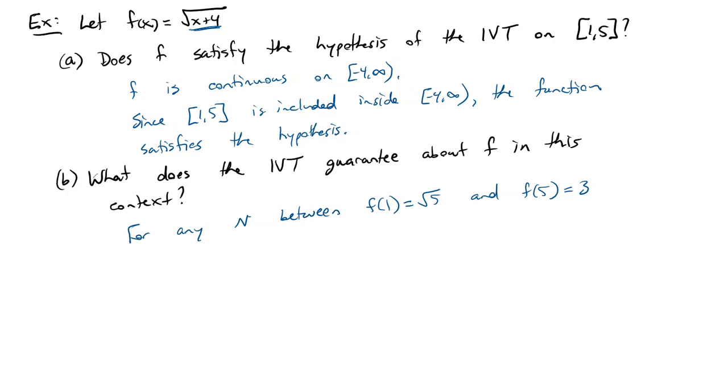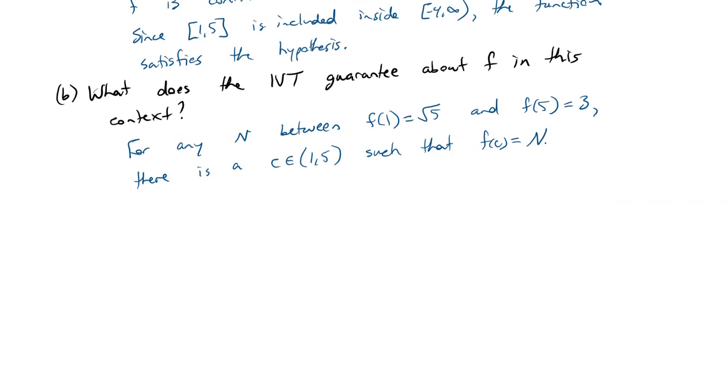So for any n between the square root of 5, which is 2 point something, and 3, it guarantees that there is a c that is an element of the open interval from 1 to 5, such that f of c equals the n that was chosen. Okay, so just a direct application of the intermediate value theorem, identifying the hypothesis and conclusion and applying them.